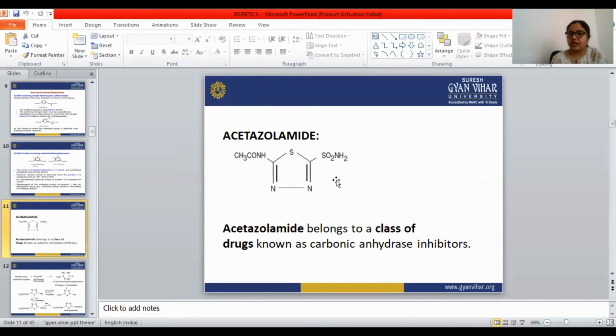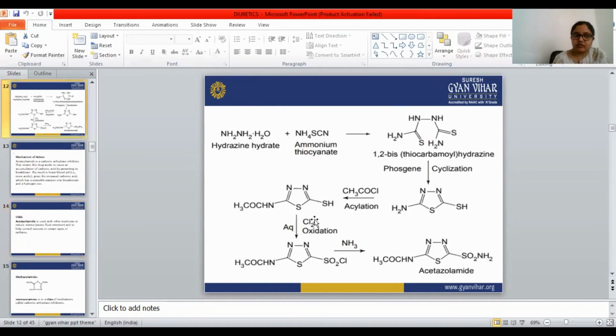This is the heterocyclic drug, and acetazolamide belongs to the class of drugs known as carbonic anhydrase inhibitors. We have already seen the SAR of the heterocyclic carbonic anhydrase inhibitor drugs. Now we are going to see the synthesis of acetazolamide.